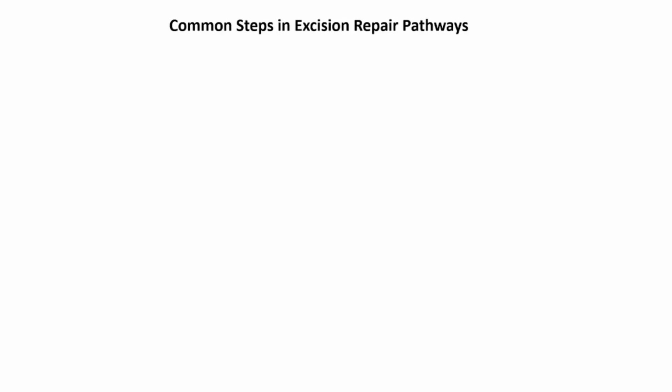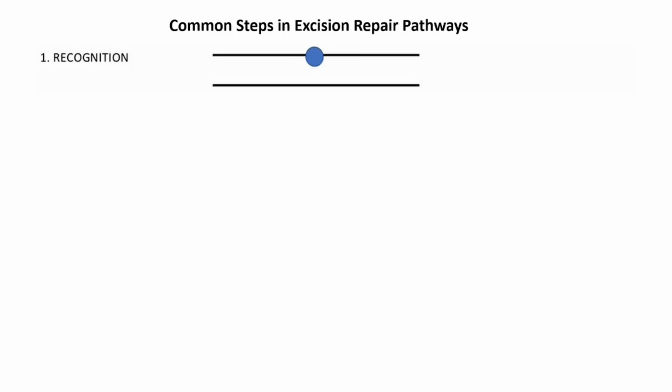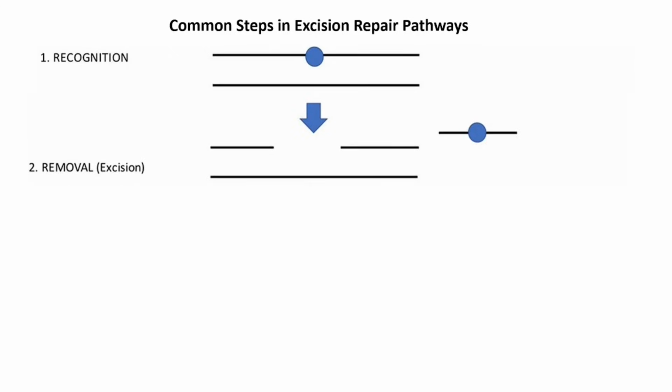The major DNA repair mechanisms take advantage of the facts that DNA is double-stranded and the same information is present in both strands. All excision repair pathways follow a few common steps. The first step is recognition of the damage when the damage is present in just one strand. The second step is removal or excision of the nucleotide along with the damage.